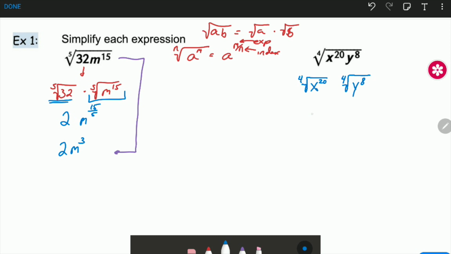Again, we'll change those into fractional exponents, x to the 20 over 4 and y to the 8 over 4, connected by multiplication here. And then we'll just divide. So 20 divided by 4 is x to the 5th, and 8 divided by 4 is y to the 2nd. And that's it for those two.